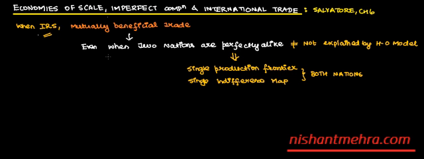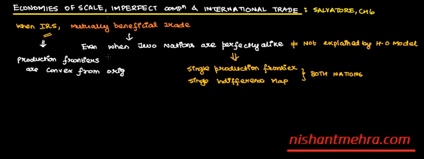Note that with the IRS assumption, production frontiers are going to be convex from origin. What happens when you have constant opportunity cost?